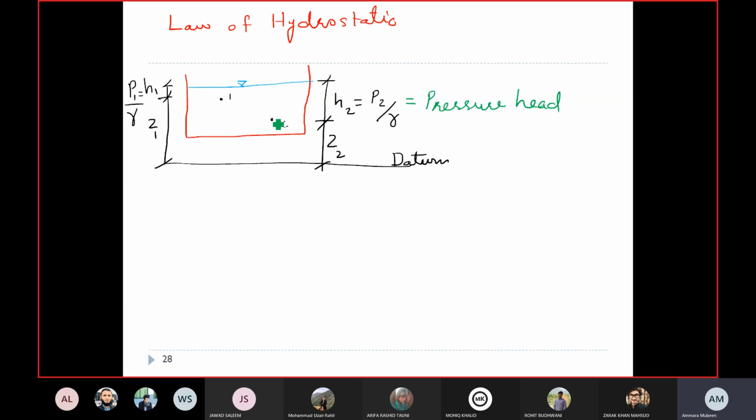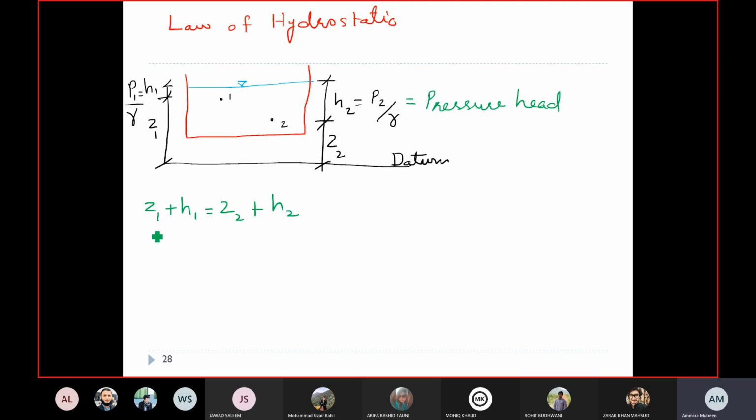The depth of the point from the free surface is actually depicting the pressure head. Okay, pressure head at that point. And this Z1 and Z2 are the elevation head. So according to law of hydrostatic, and you can see this in the figure, that Z1 plus H1 is equal to Z2 plus H2.